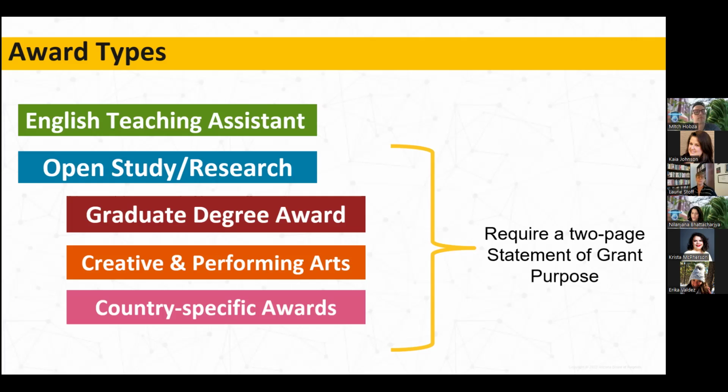That sounds like not such a big deal, but to get everything in there that needs to be in there, to describe the project that you want to do, make sure that it's convincing, as well as address the Fulbright mission, is not necessarily so easy to do. And so that's what we're here to help you with.